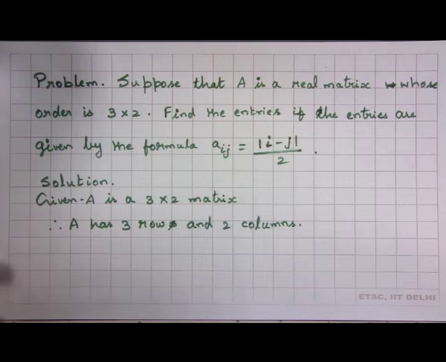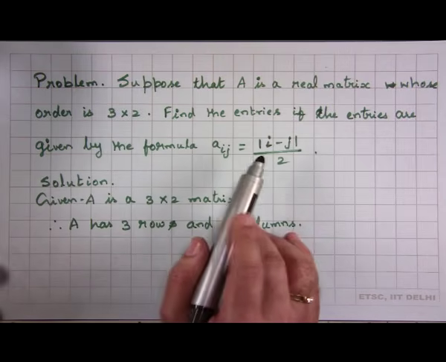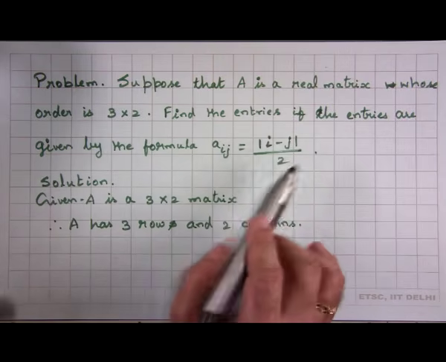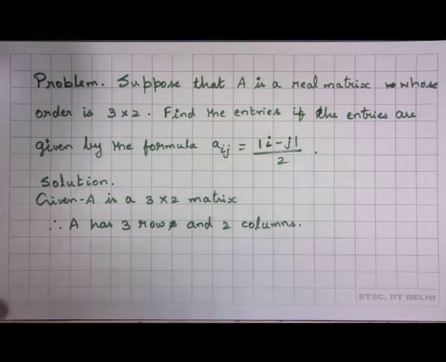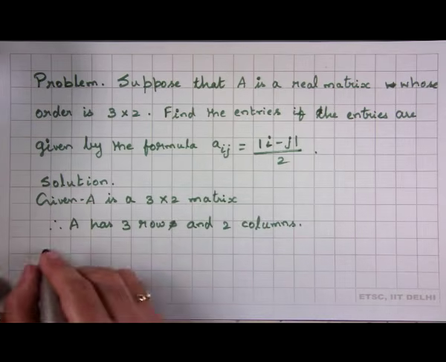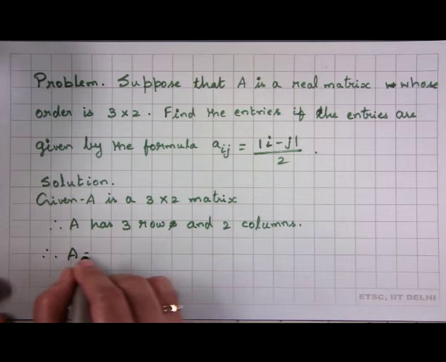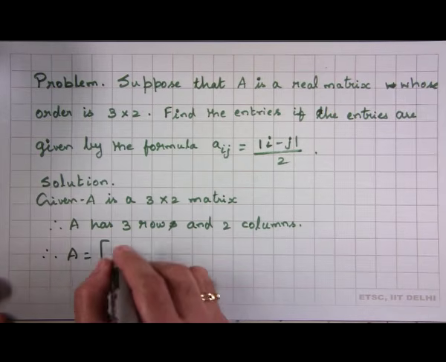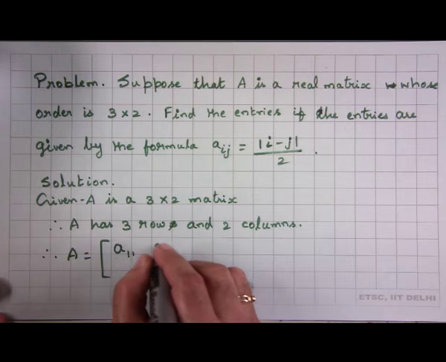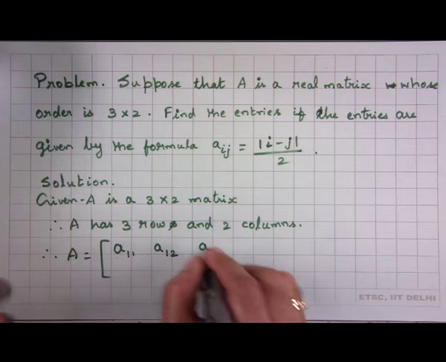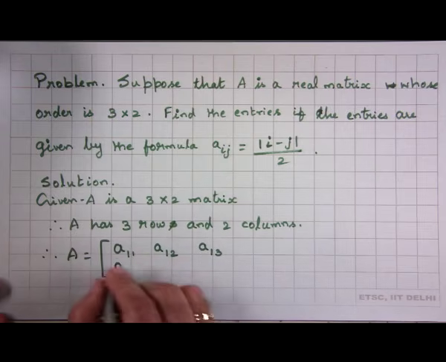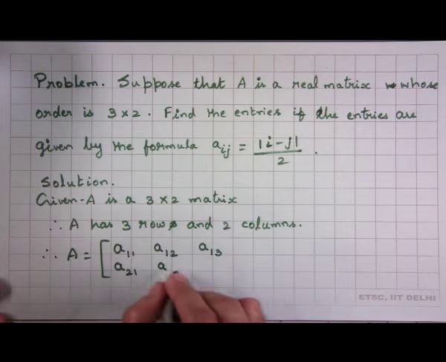So, the ijth entry is given by modulus of i minus j whole upon 2. So, therefore, the matrix A is given as A11, A12, A13, A21, A22 and A23.